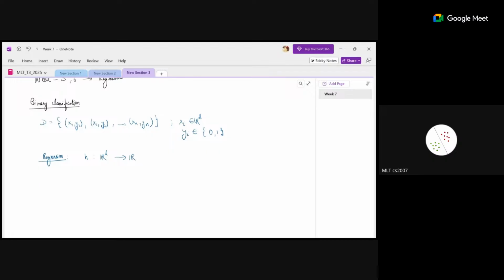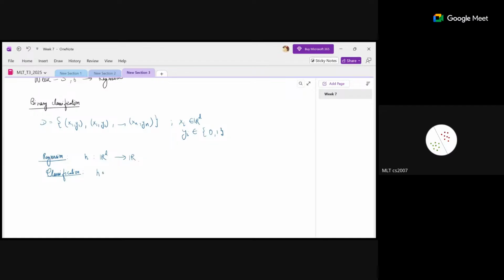So this was our goal in regression. We wanted to find a function h. What was this function h? This function h is a model. We want to learn this model which takes the input as features in R^d and gives us a real number. But now, when we are looking at the classification problem, we are no longer looking to predict a real value.